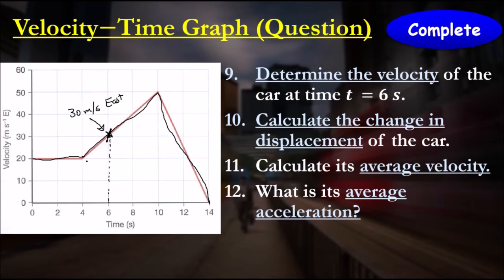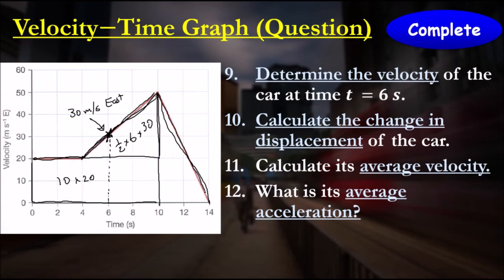So we can draw a couple of shapes to help us find the area. We'll go from here to this line at 10. The area of this box would be 10 times 20. Then this triangle here is half times 6, from 4 to 10, times the displacement from 20 to 50, that's 30.